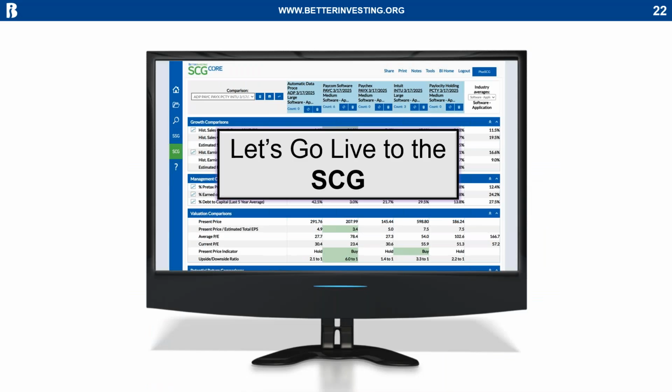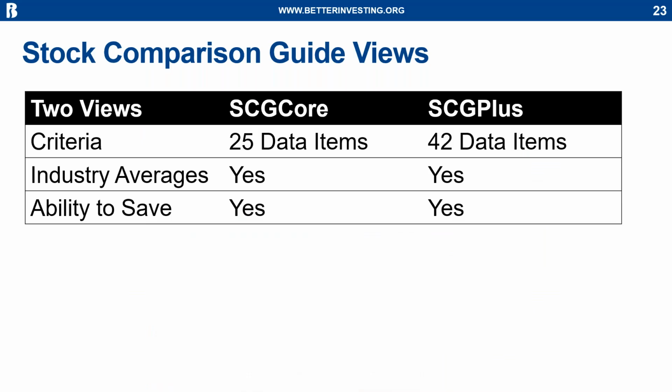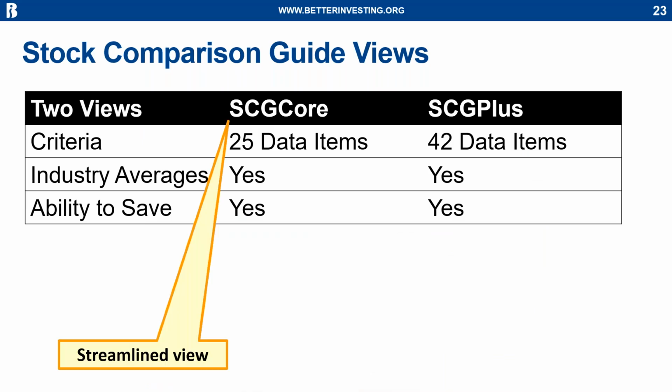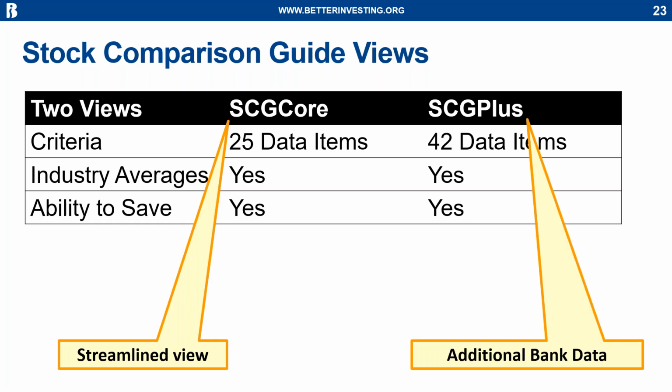All right. Excellent. We're going to return to our PowerPoint presentation. And I do want to point out that we talked about the two different views, the SCG Core versus the SCG Plus. There's 25 criteria items in SCG Core and 42 possible in SCG Plus, and that 42 includes the additional bank data if you're studying a bank.